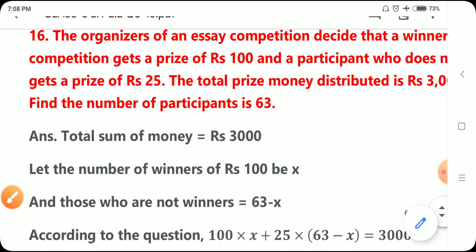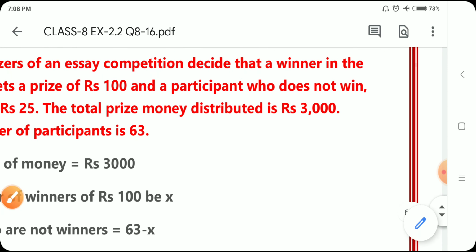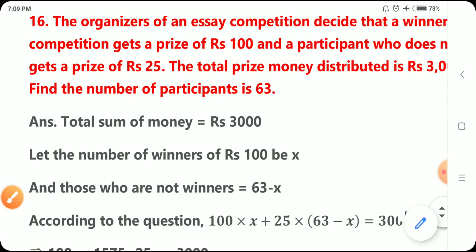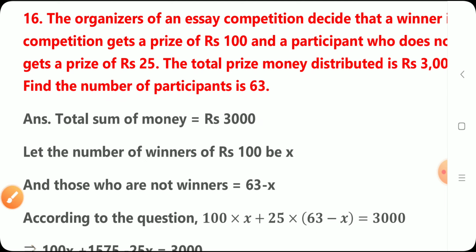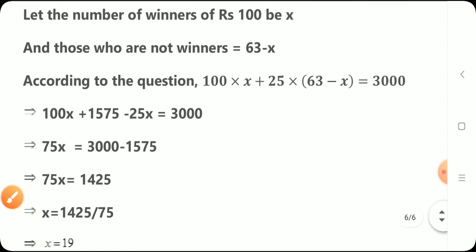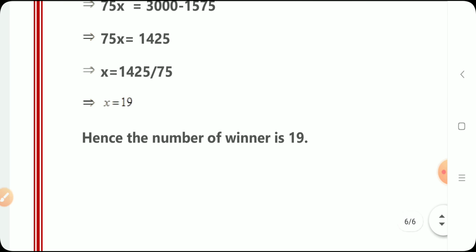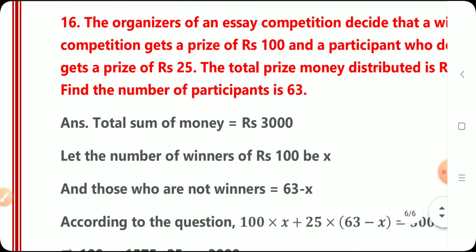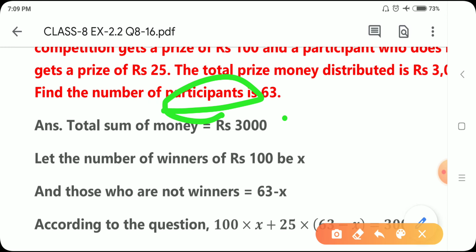The total prize money distributed is rupees 3000. Find the number of winners if the total number of participants are 63.